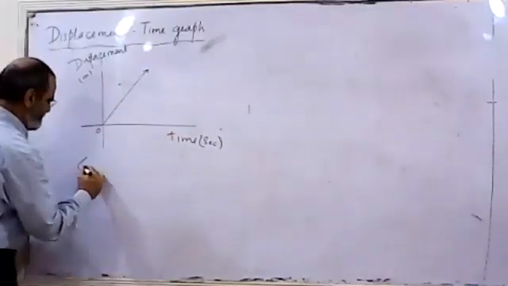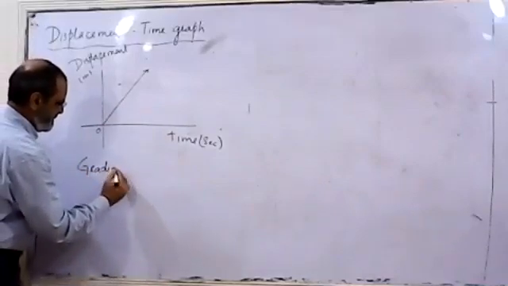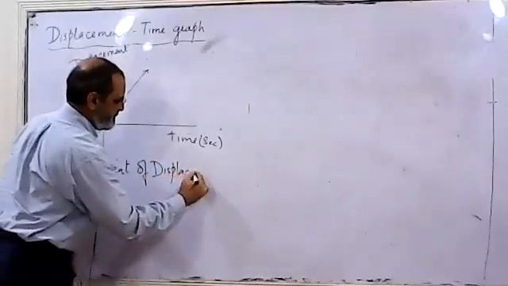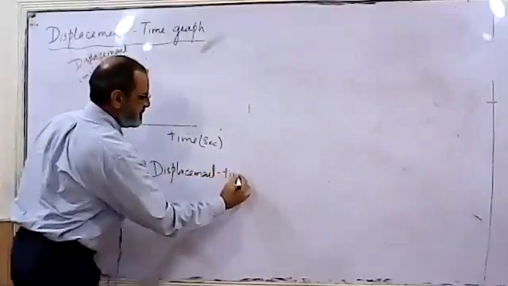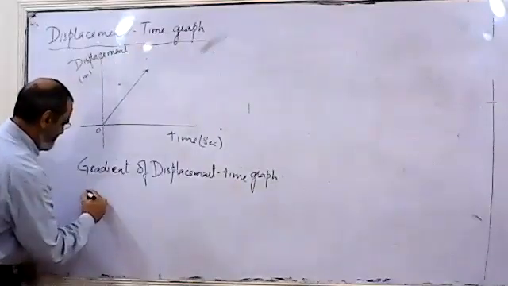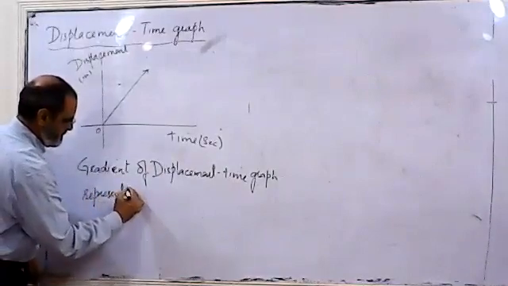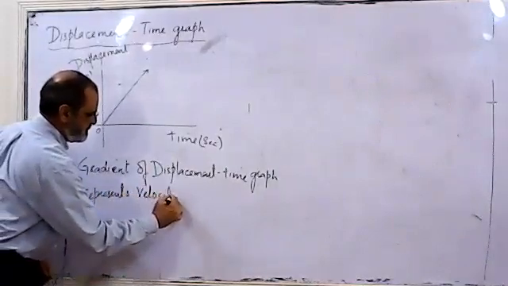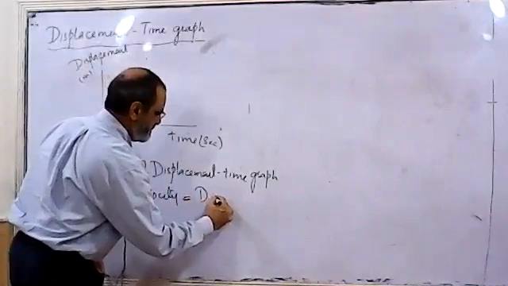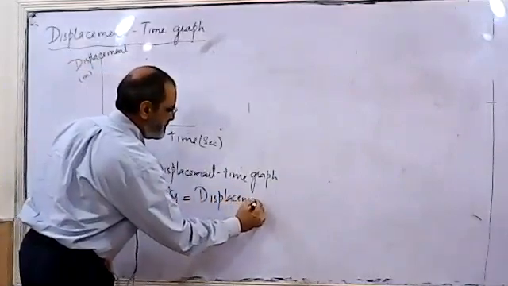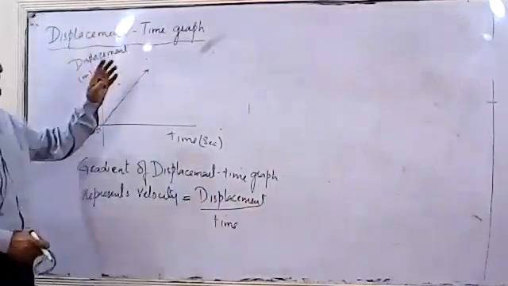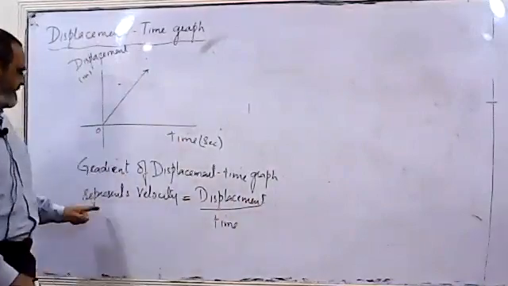So its gradient, the gradient of the displacement time graph, also represents the velocity.